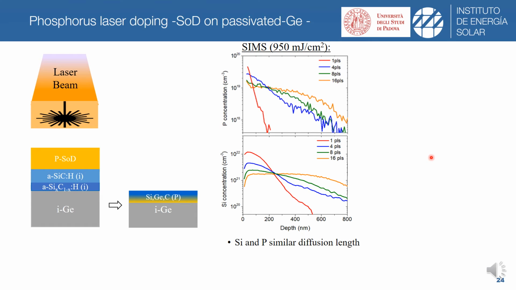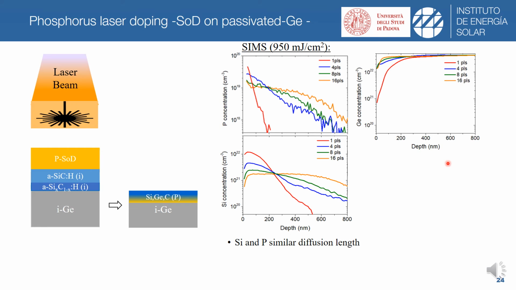And also, it's important to note that very similar diffusion lengths are obtained for silicon and phosphorus, with a relatively narrow introduction into germanium for the one pulse condition, and with a wider diffusion length as the number of pulses increases. In terms of germanium, you can see that for the one pulse condition, the germanium concentration is lower than in the rest of the cases, and this is because the near surface is plenty of silicon and carbon.